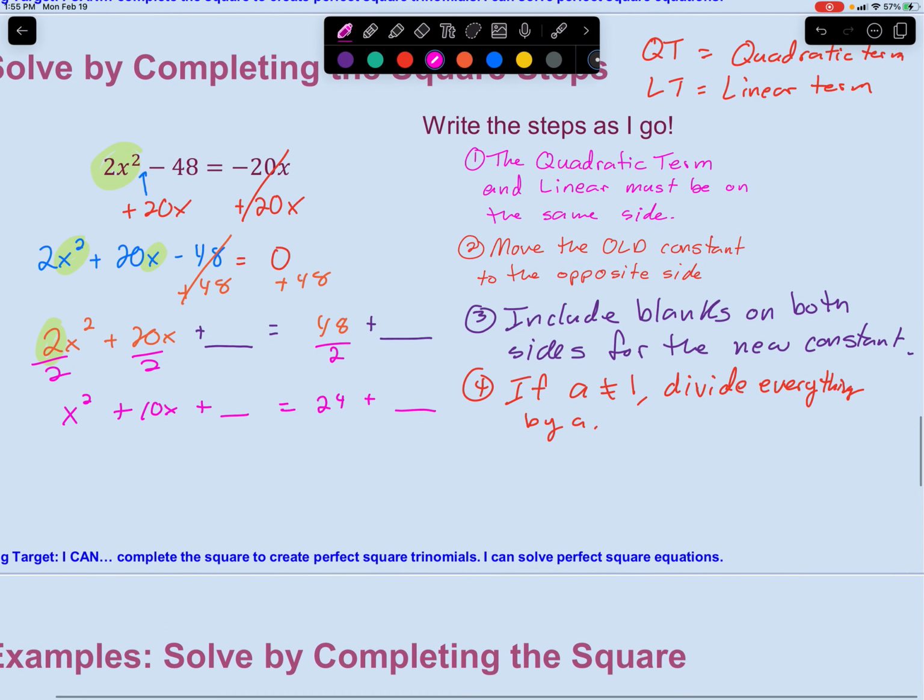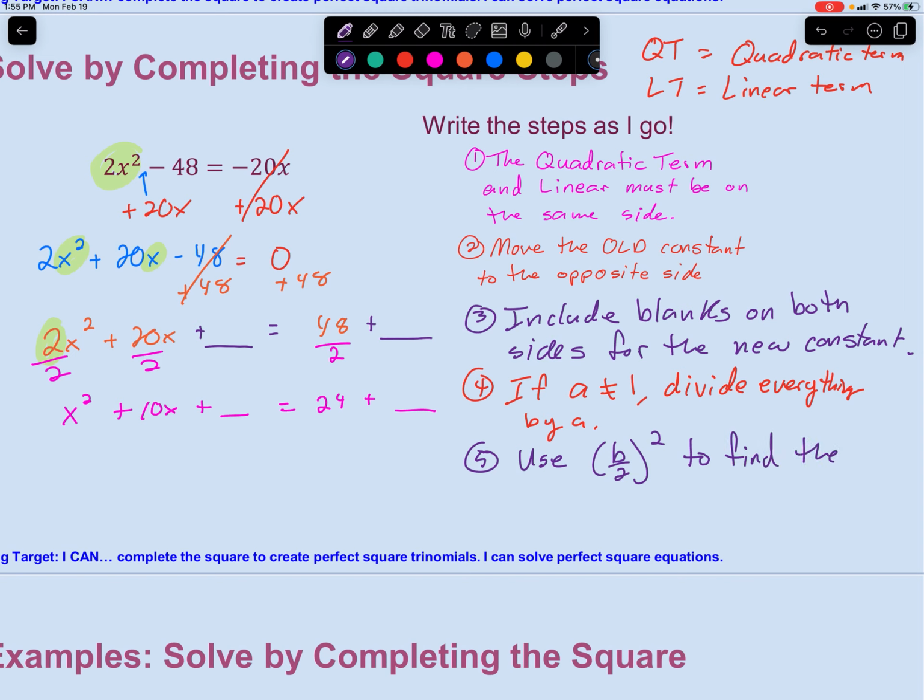Now, we find the missing constant. Use (b divided by 2) squared to find your new c, the new constant. So here we go. 10 divided by 2 is 5, and then 5 squared is 25.